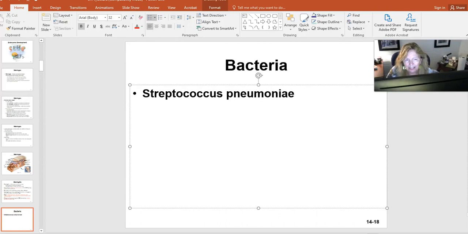Now this is a species name, so it's in Latin, and whenever we name a bacterium, we always capitalize the genus name, and we always put the species name in lowercase. The computer doesn't know the Latin spelling of the species, but that's how you spell it. Streptococcus pneumoniae. This is a bacteria.